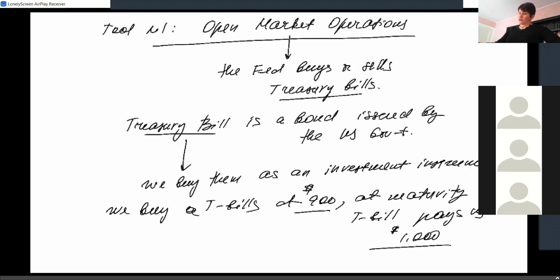Okay. The thing about treasury bills is they are very liquid. Everybody knows treasury bills. They're very easy to buy and sell, and they're very short-term bills. Plus, we will always have a government who will buy those treasury bills back.